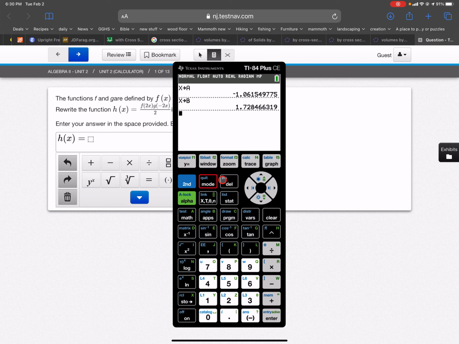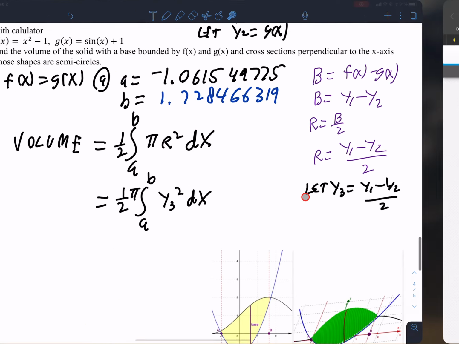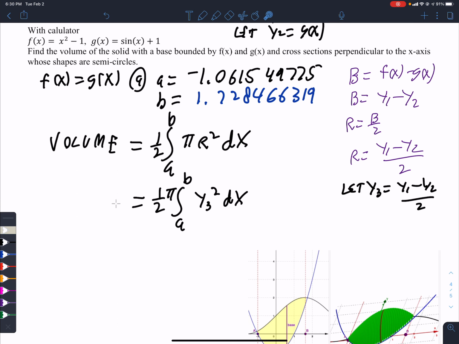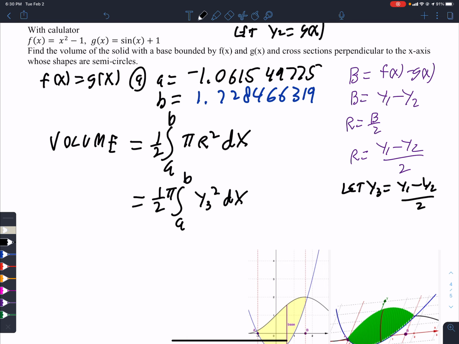Okay? Now watch. This is beautiful. Why it's nice to use y1, y2, y3s. I'm going to punch this in my calculator exactly as it looks. Now, just as a note for all y'all, instead of this, I could do this.